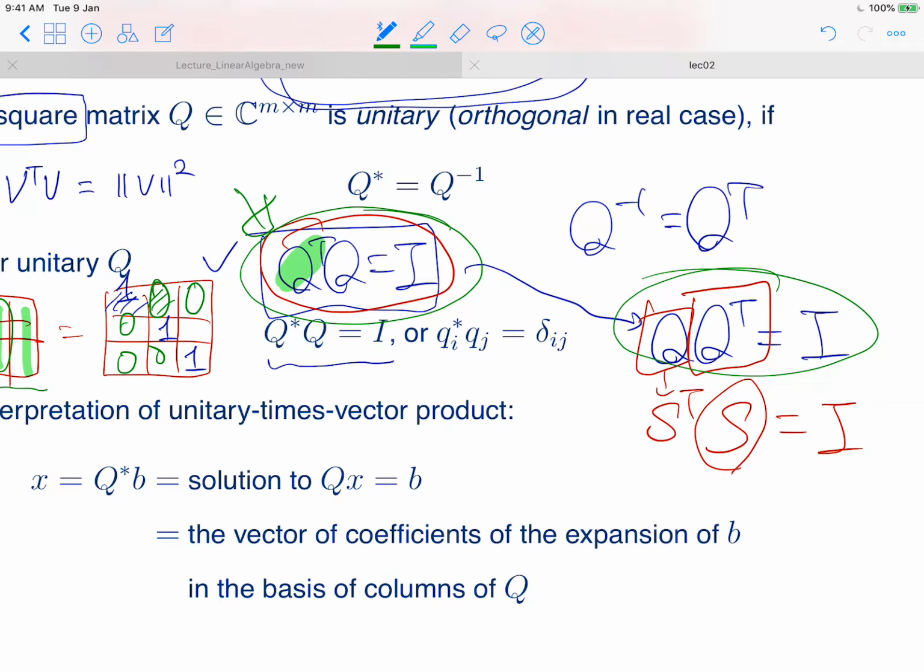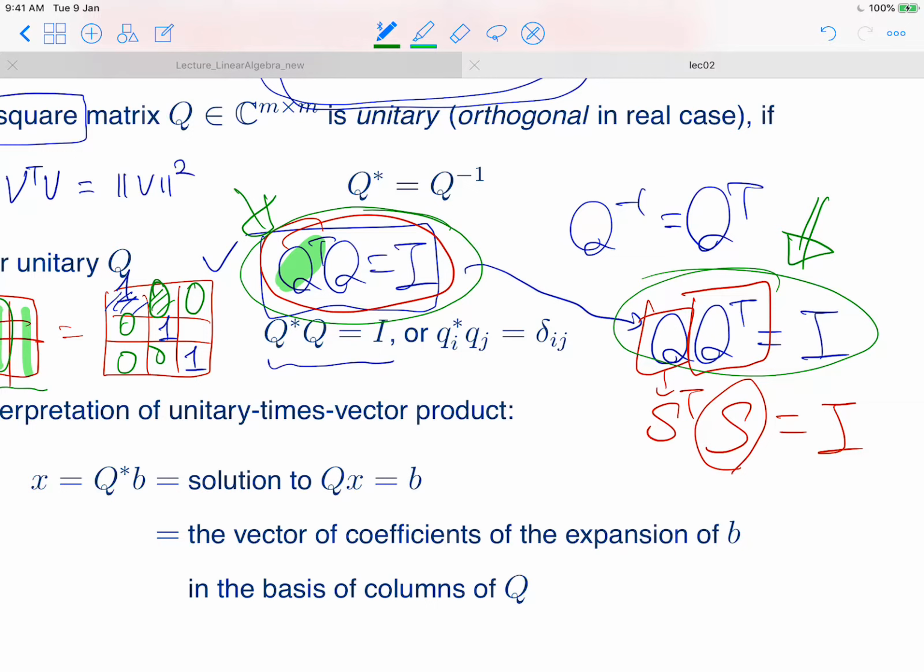Even though we didn't prove it, we just take it for granted in the case of a square matrix. And so we can agree that this is also satisfied.